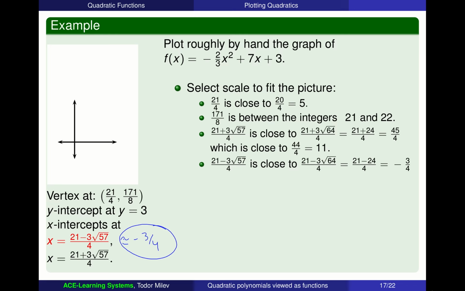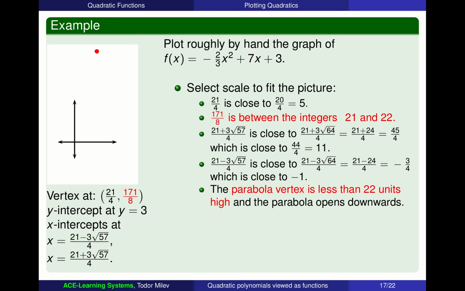Which of course we can approximate as approximately -1, right? Because our scale will have to fit quantities as large as 20 units, and when you have to plot such a large quantity, it will be difficult to be very precise about small quantities such as -3/4. Okay.